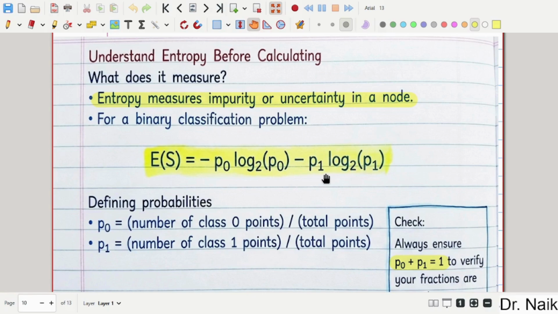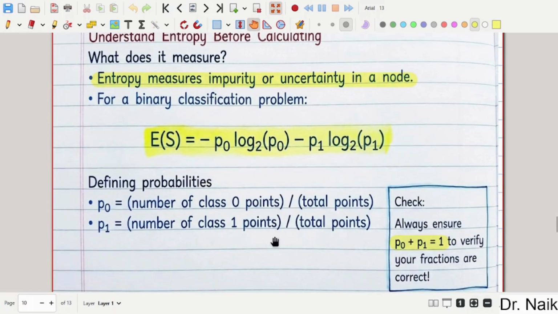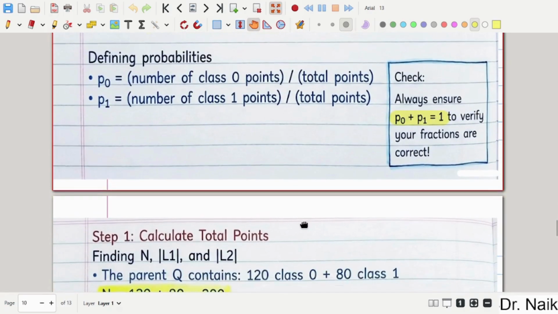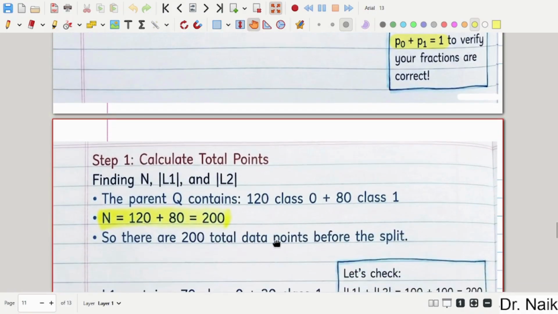P0 is the number of class 0 points divided by total points, and P1 is the number of class 1 points divided by total points. Always remember that P0 plus P1 is equal to 1, so verify your fractions are correct.